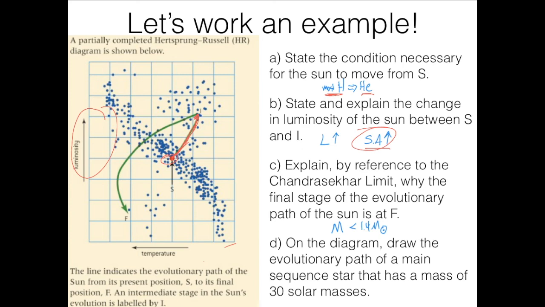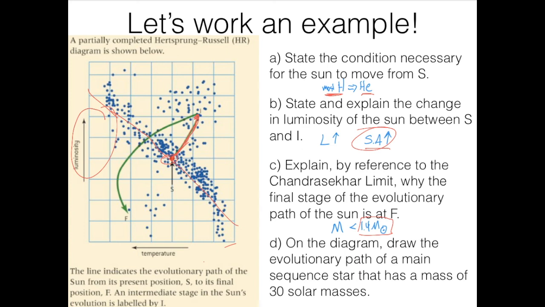And remember your mass lines go something like this, and so anything around that line pretty much is going to be in this region of less than 1.4 solar masses. Anything in that area is going to be too small of a mass. It's not going to be able to overcome the electron degeneracy pressure, and therefore it will be stuck as a white dwarf there at F.